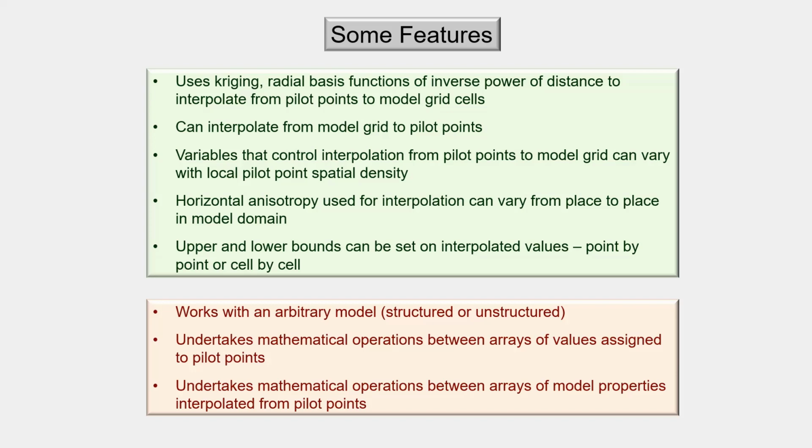And not only can it undertake interpolation, it can also undertake arbitrary mathematical operations between pilot points, all the values assigned to pilot points, and also the values after interpolation assigned to the model grid or mesh. So it does more than just interpolation. We'll see some examples soon. It can also do mathematical operations which makes the parameterization scheme and the calibration scheme as flexible as possible.